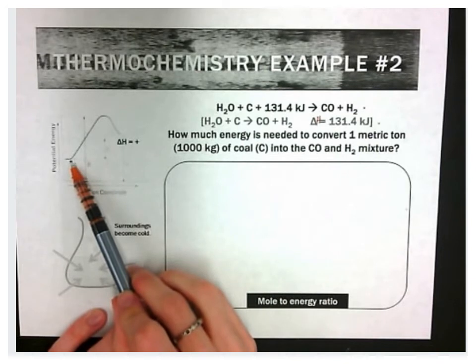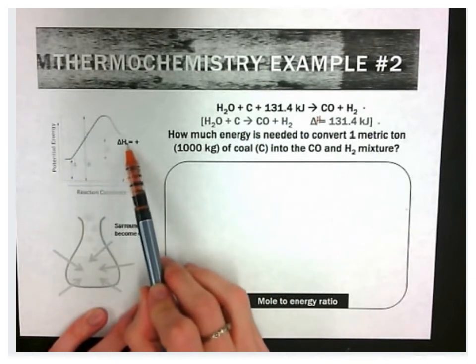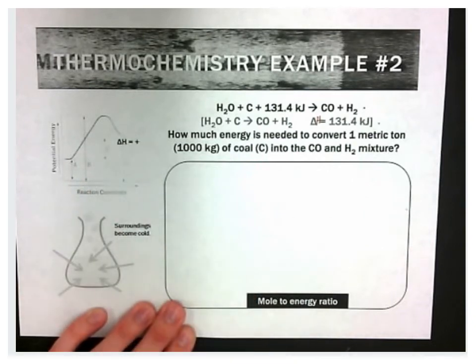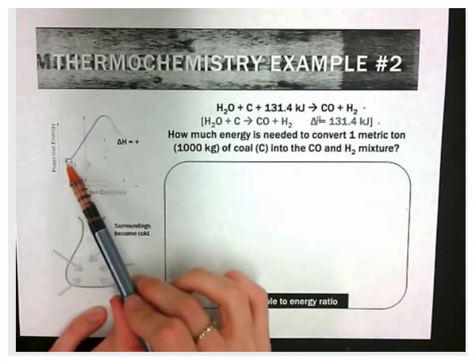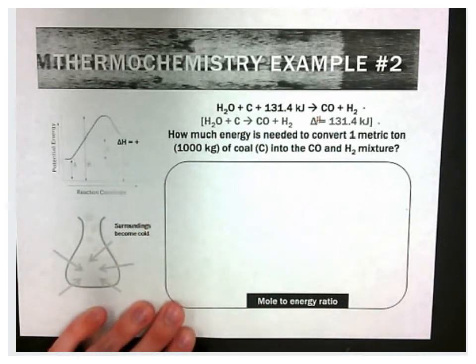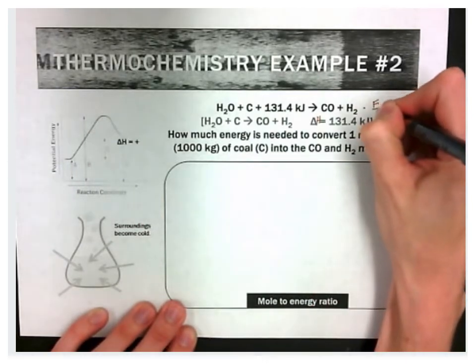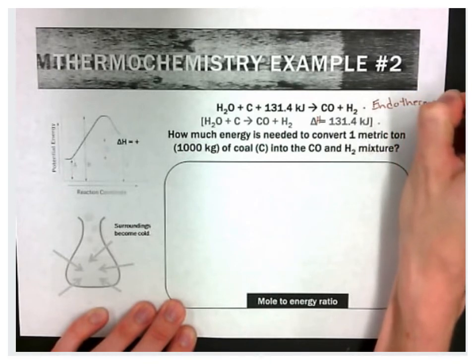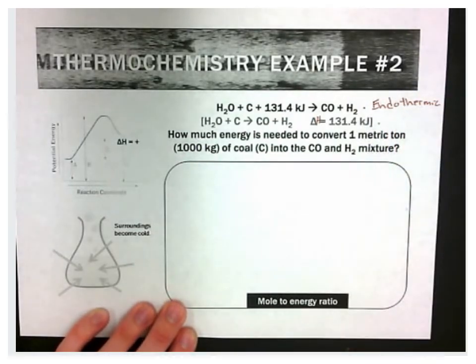The energy of the reactants is lower than the energy of the products. Okay. In that case, heat will be added. It has to come from somewhere. It takes the heat from the surroundings. The surroundings become cold. This is an endothermic reaction.